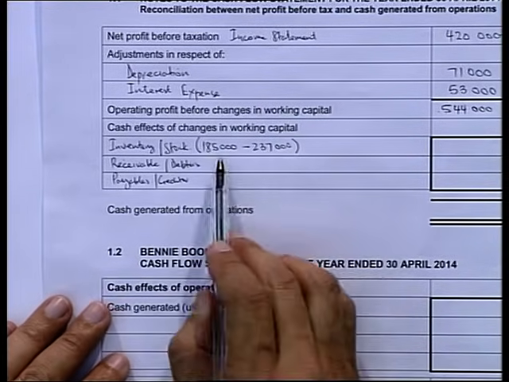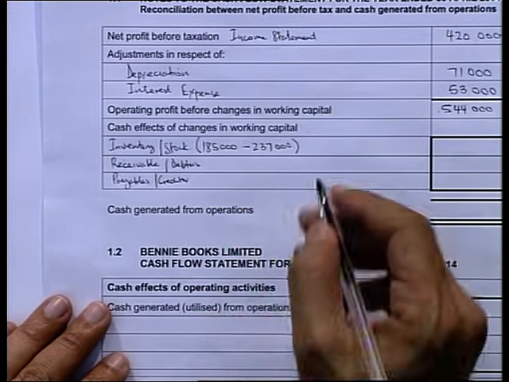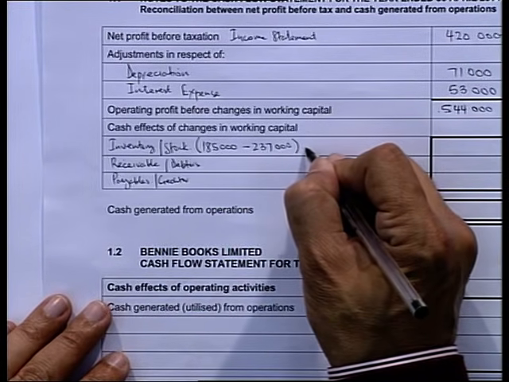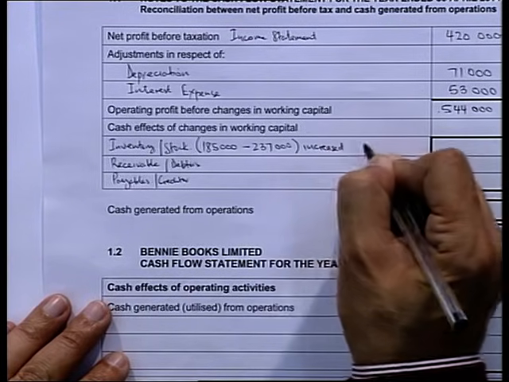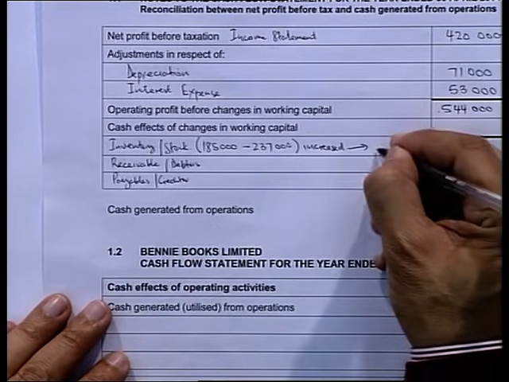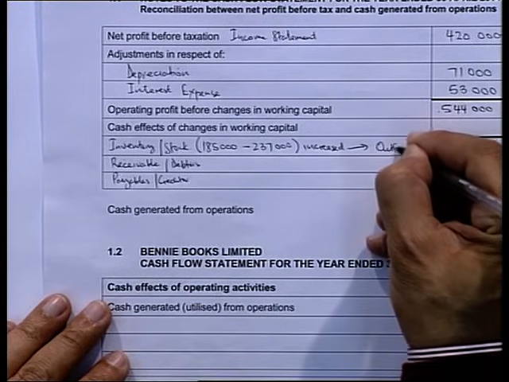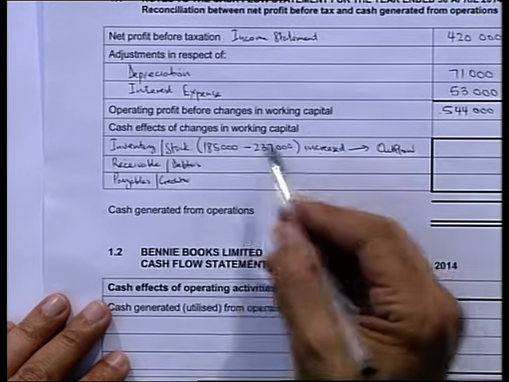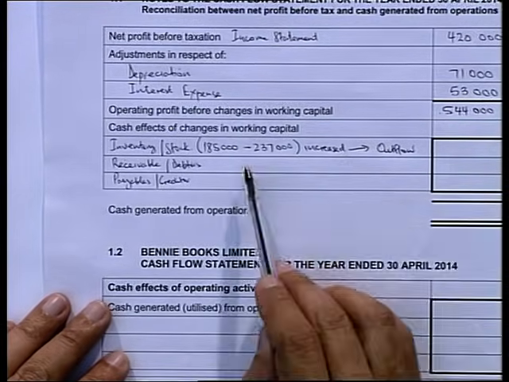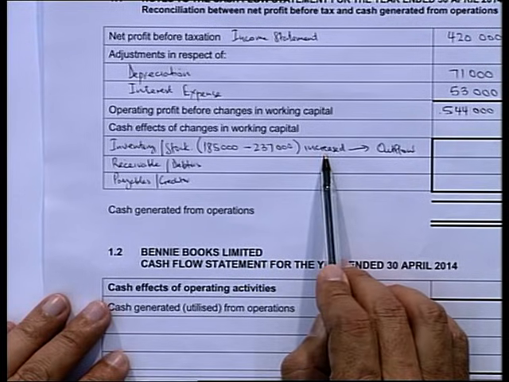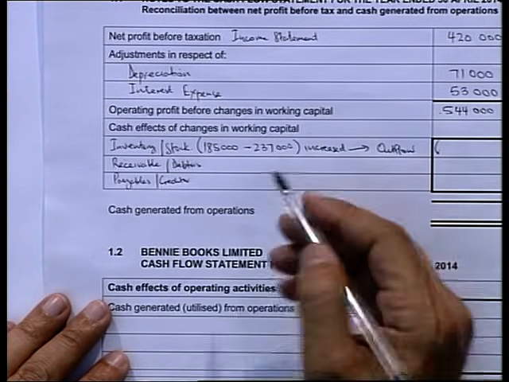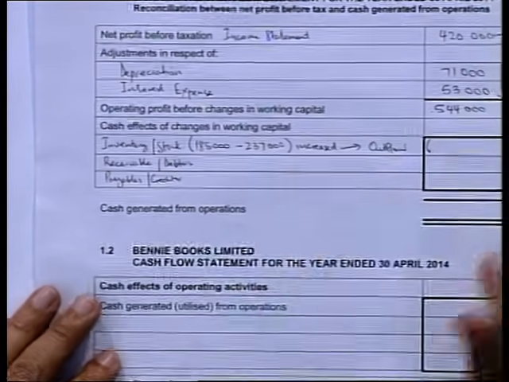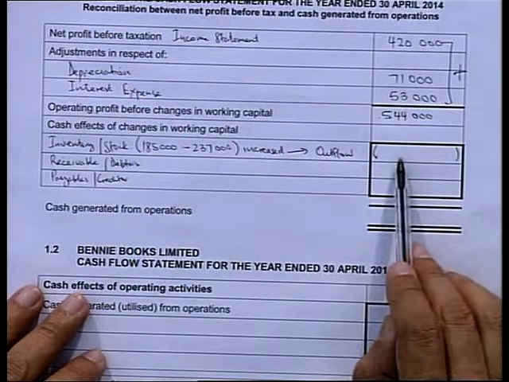Now what happened to the inventory? The inventory increased. Therefore, that will be an outflow. Why did the inventory increase? Because we went to purchase inventory. We went to buy inventory, so money will be spent. So the difference between those two figures will have to appear in brackets.